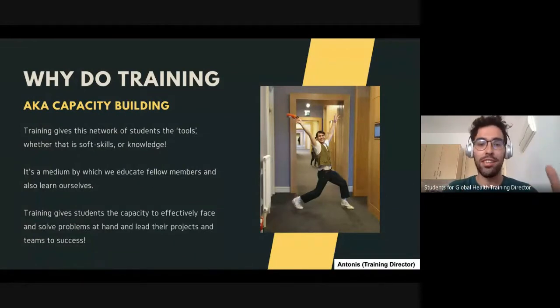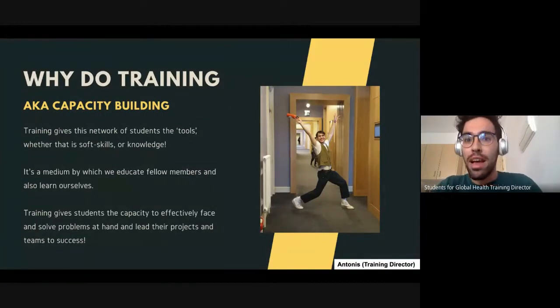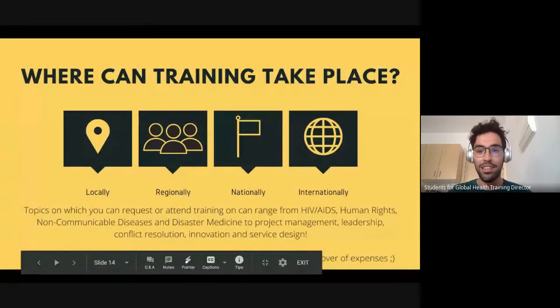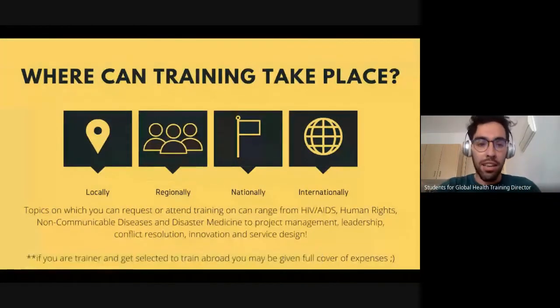Just to reiterate, training is trying to spark the interest and engage the members and drive action within our community. Training is about sharing information about advocating for non-communicable diseases or HIV and AIDS, or it could be about how to set up campaigns on disaster medicine and epidemics.